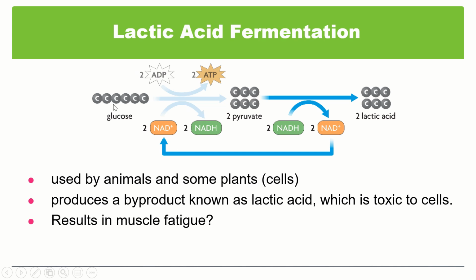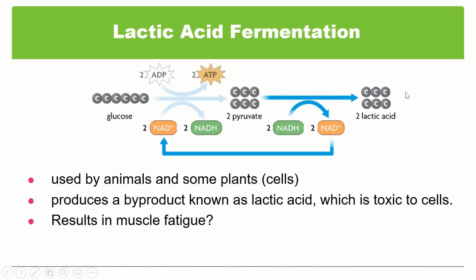You've got your glucose, splitting the sugar, creating pyruvate, and you're left with a net production of 2 ATP and 2 NADH. So this second half here is the lactic acid fermentation. And in that case, you change pyruvates into a substance called lactic acid.